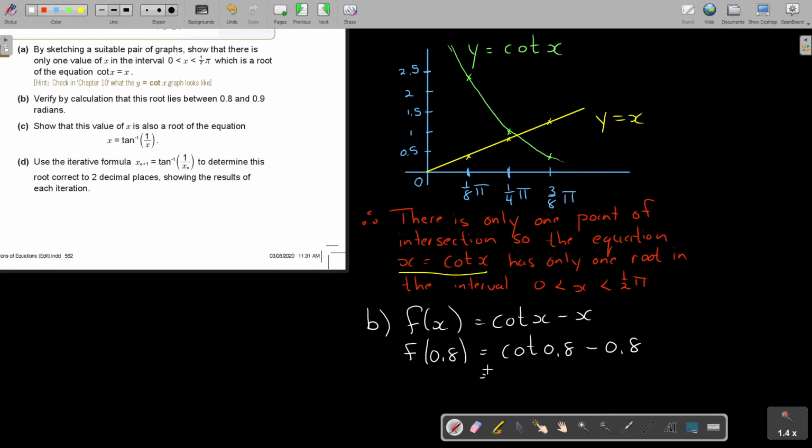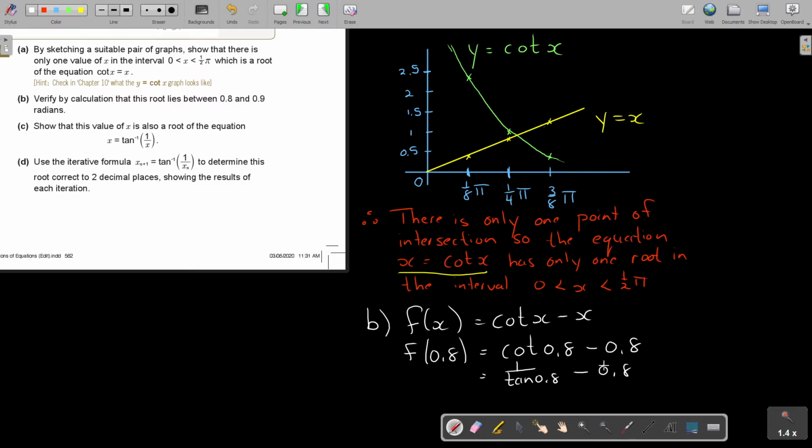And that is going to give you, so just press on your calculator, again, press it like that. I think it's easier to press it like that. But if you do the other way, you can also. So 1 divide tan 0.8 equals minus 0.8.